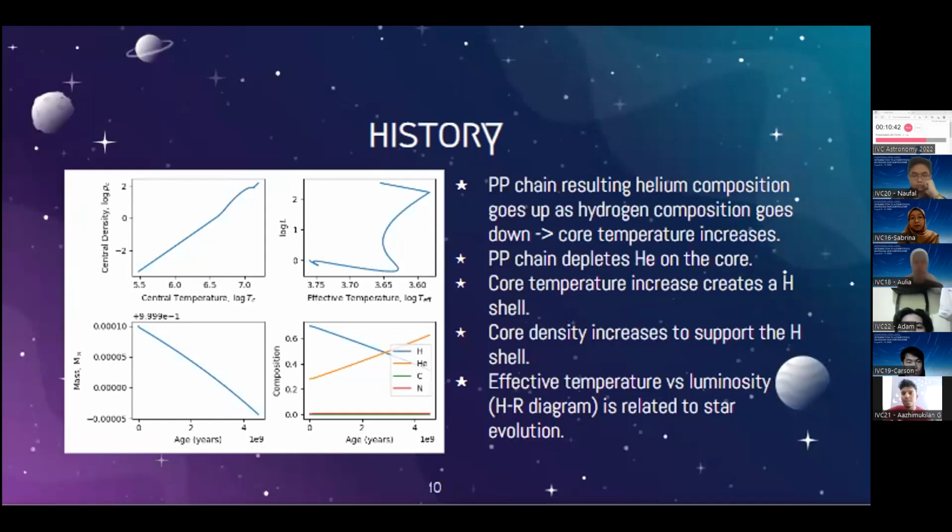So as the temperature of the core of a star increases, it creates a hydrogen shell inside the star, and the constant increase in the internal density of a star supports the hydrogen shell around it. So in the first graph, we've shown the central density with the central temperature, which is a pretty linear relation. And in the bottom of the graph, we have the mass and age relation.